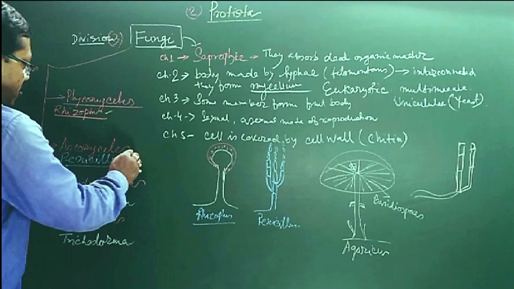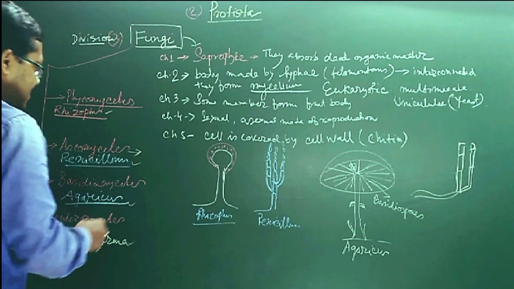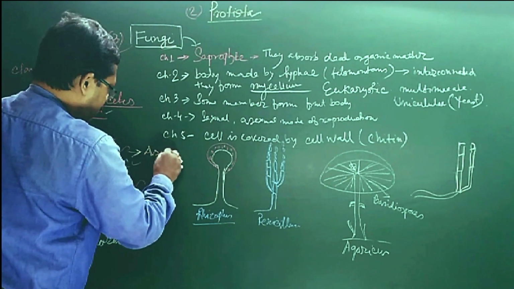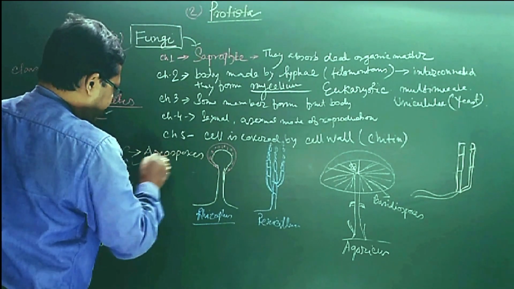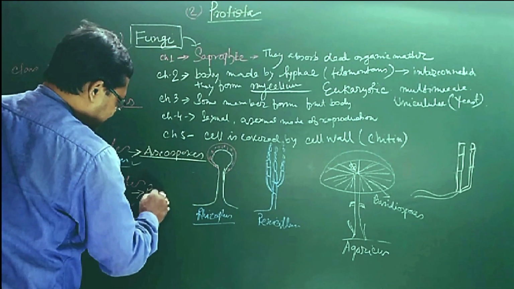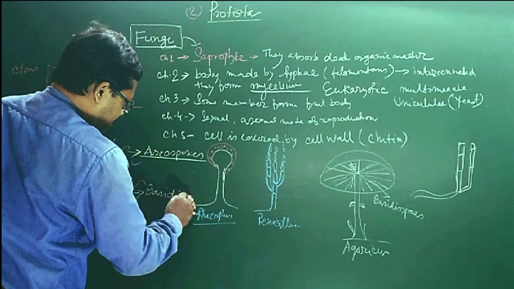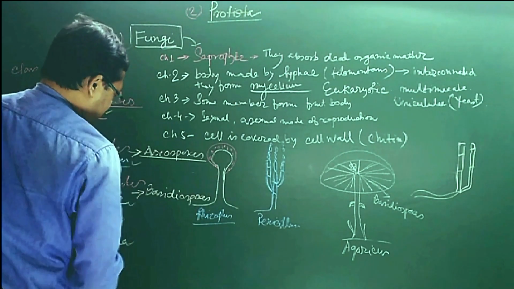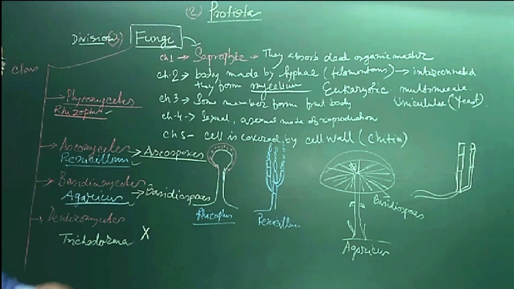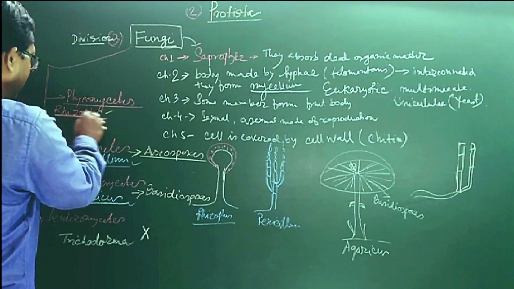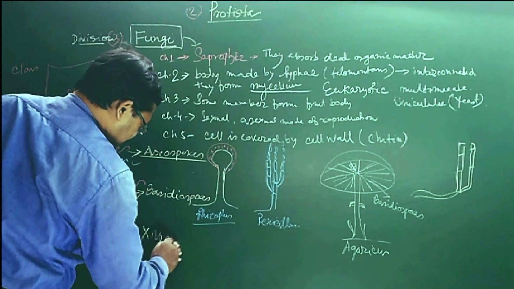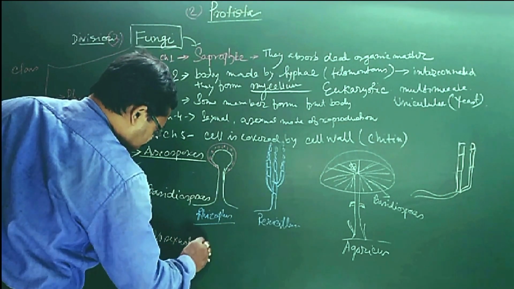The main sexual spores of Ascomycetes are within the ascus, ascospores. Basidiomycetes contain sexual spores, basidiospores. Here, no sexual spores. And here the oospore is found. Here, no sexual spores.